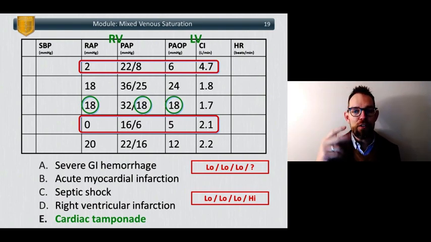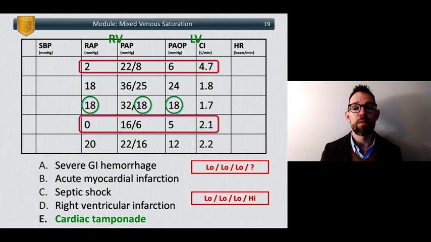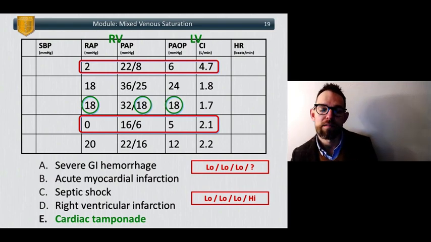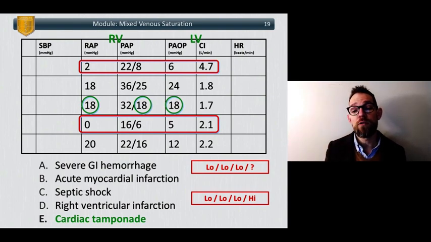We've got 2 answers that have low right atrial pressures, low-ish PA pressures, low PA occlusion pressures, and one that has a high cardiac index and one that has a low cardiac index.